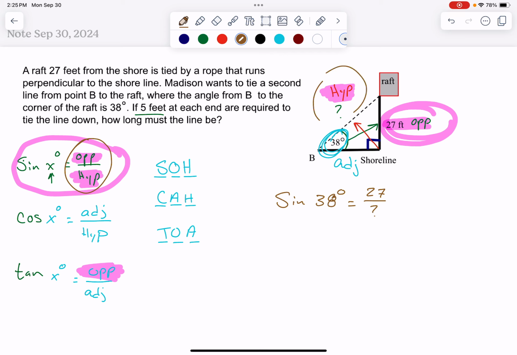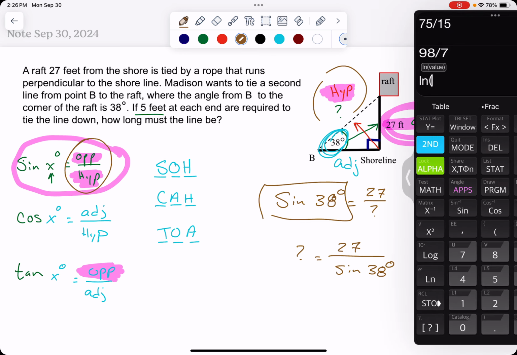And since this is a fraction here, to solve for this denominator, all you're going to do is switch those out. The sine of 38 degrees is a value. So to solve for that denominator, you multiply both sides and then divide. All you do is switch it out.